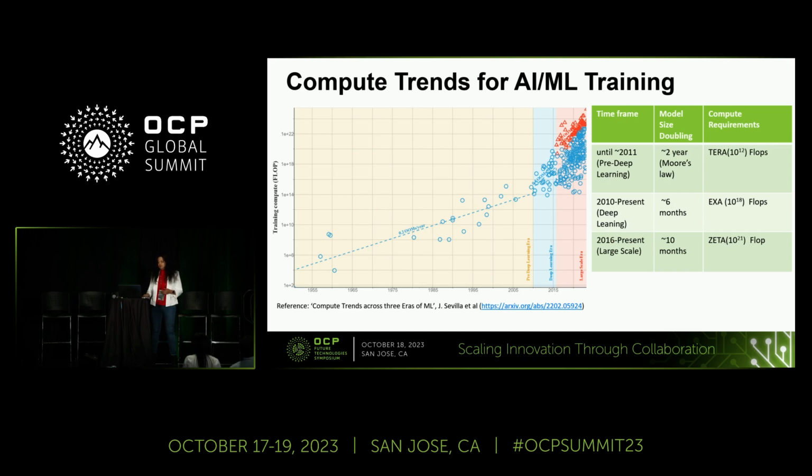They double every 10 months, so the doubling has slowed down a bit, and the compute capabilities have gone to a zettaflop. So as you can see, the total compute required for training these models has gone up from a teraflop to a zettaflop in a period of about a decade.